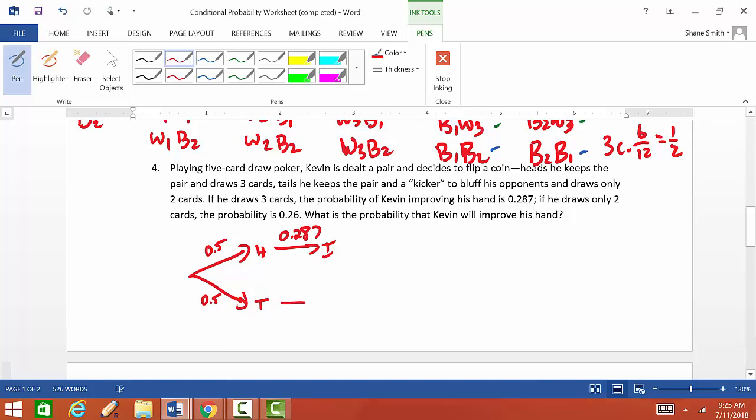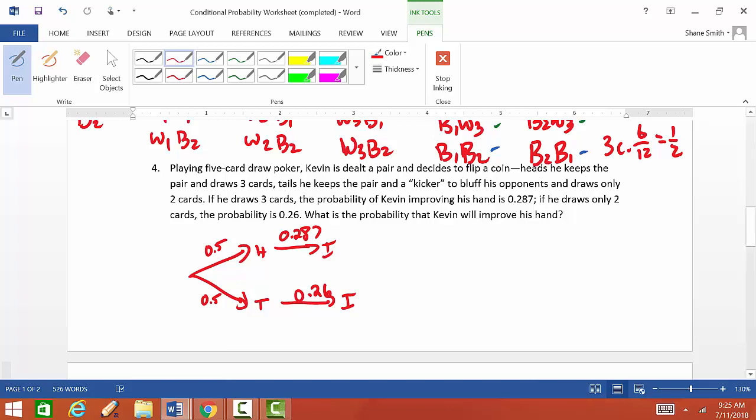And his chance of improving if he gets tails is 0.26. Right, because heads he keeps the pair and draws 3 cards, and tails he draws 2.